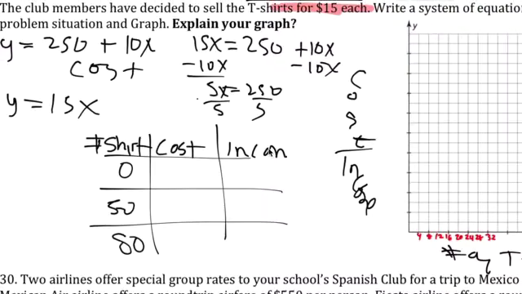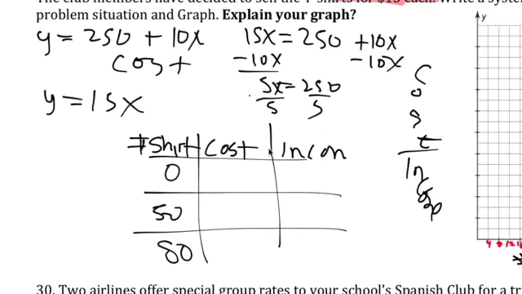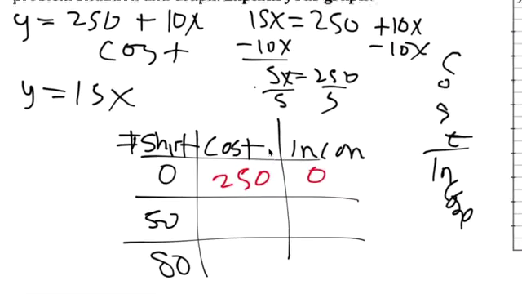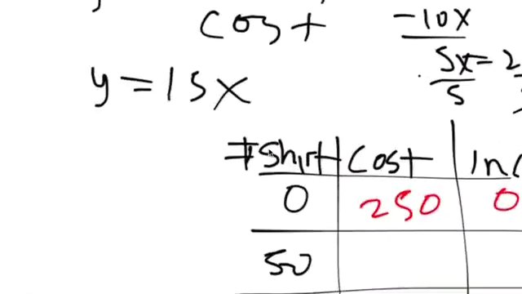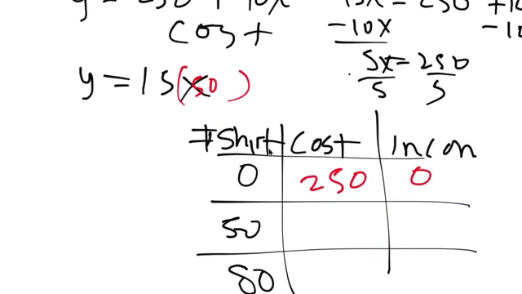Okay, so at 0 shirts, the cost is $250. Income is 0. At 50 shirts, put in 50 here. 5 times 5 is 25, carry 2, 750.